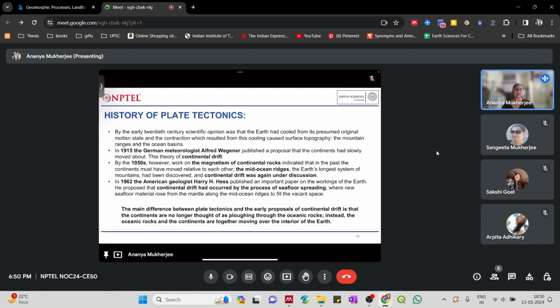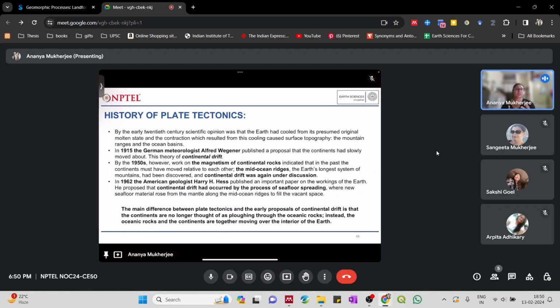But the first time was the continental drift theory, which actually explained the formation of the different continents and whether the continents were together before or not. All these questions were slightly answerable by the continental drift theory that was given by Alfred Wegener in 1915.